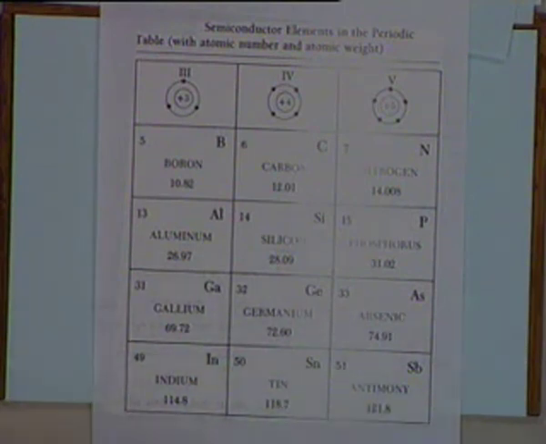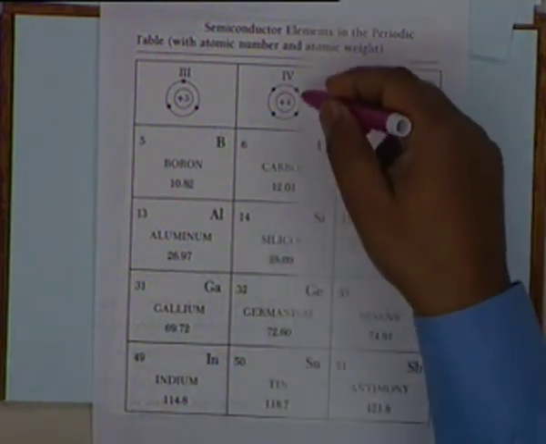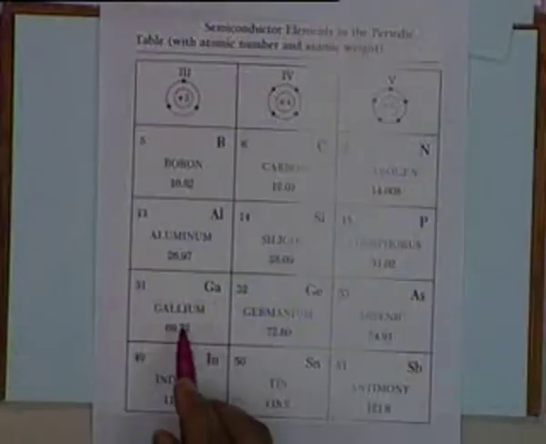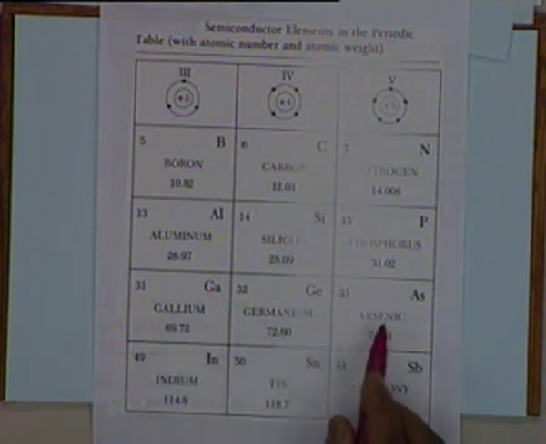There are semiconductors which use neither silicon nor germanium. They use a combination of 3rd and 5th group elements. These are called 3-5 semiconductors, and the most exciting semiconductor of today is the gallium arsenide. That is a combination of gallium and arsenic, gallium arsenide. But we are not going into this.